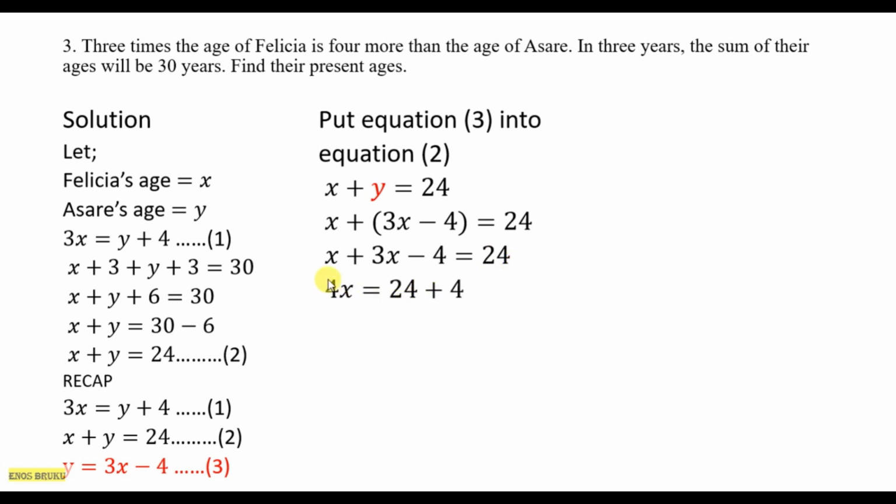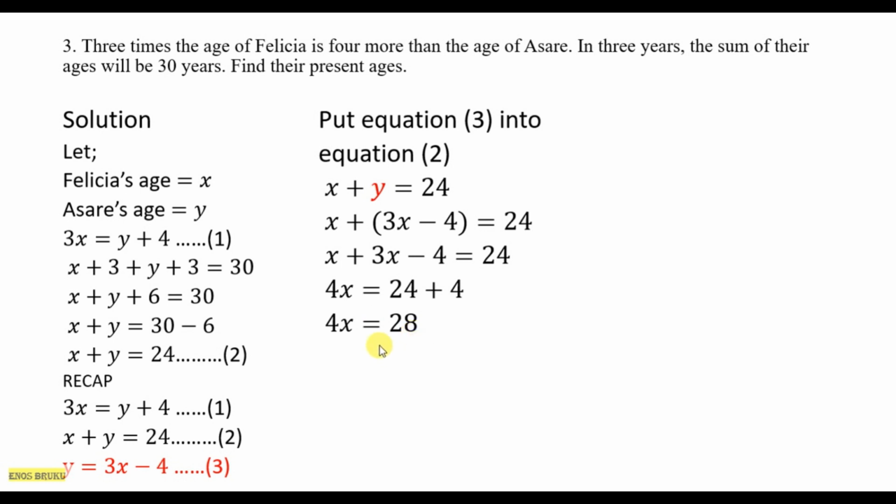So we have 4x being equal to 24 plus 4, because the negative 4 crosses the equal sign and becomes positive 4. So 4x will be equal to 28.